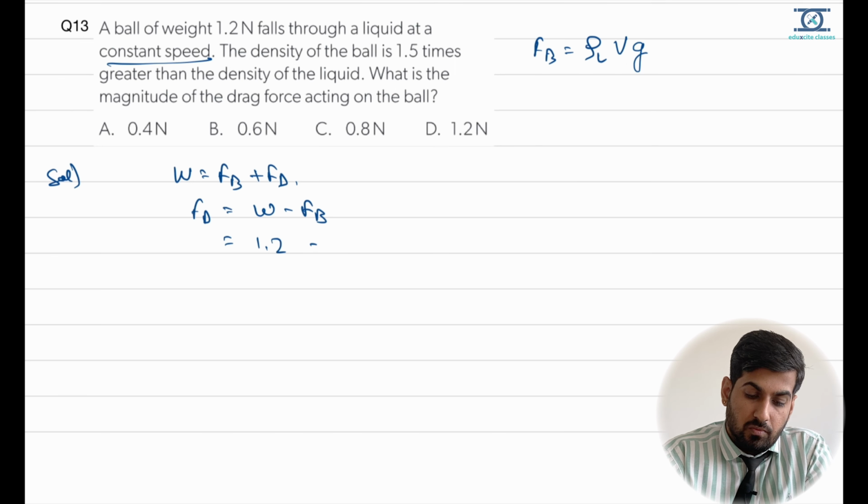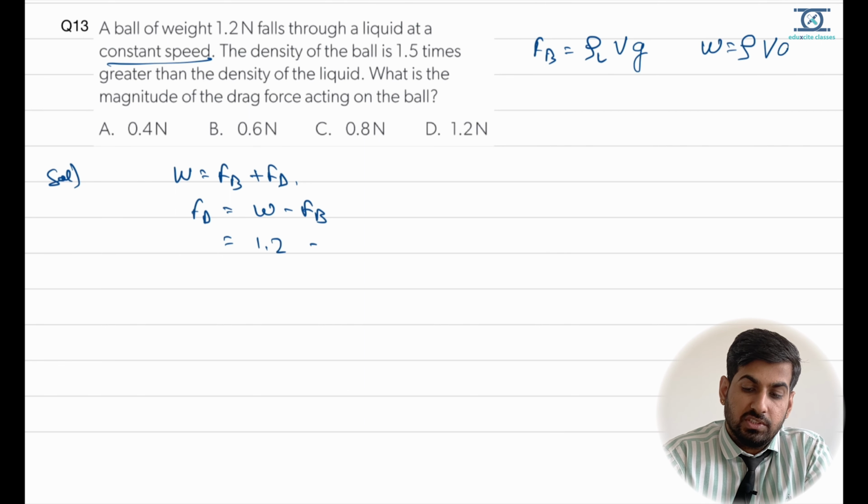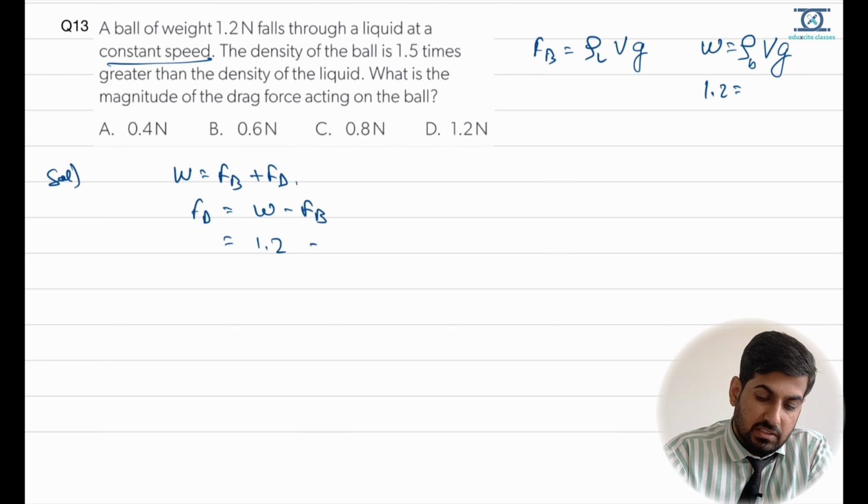And weight is equal to density of the ball times volume of the ball times g, right? So weight is 1.2, and the relation is given that density of the ball is equal to 1.5 times the density of the liquid.